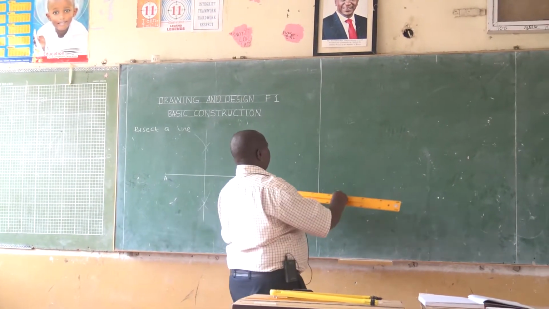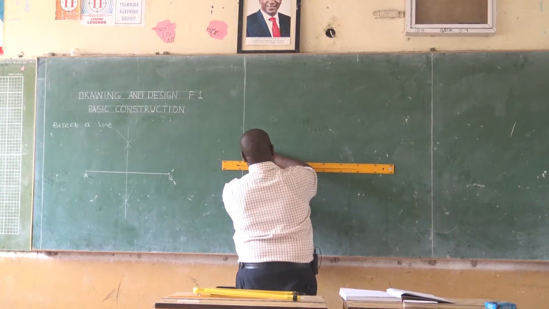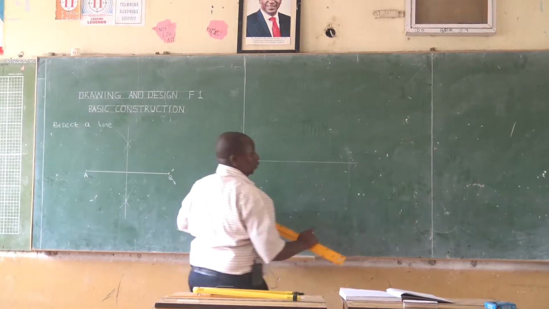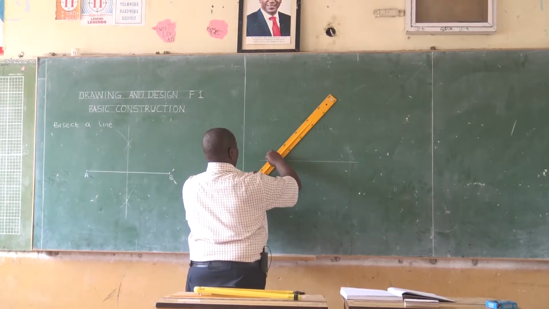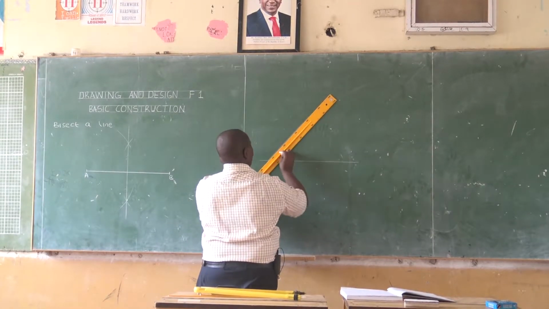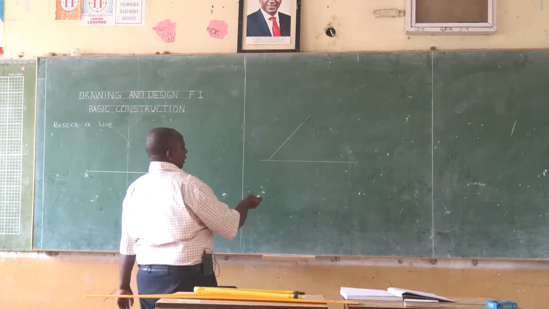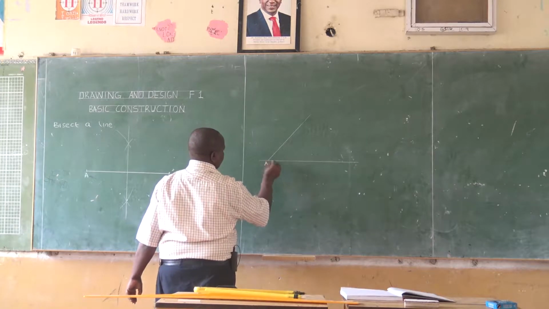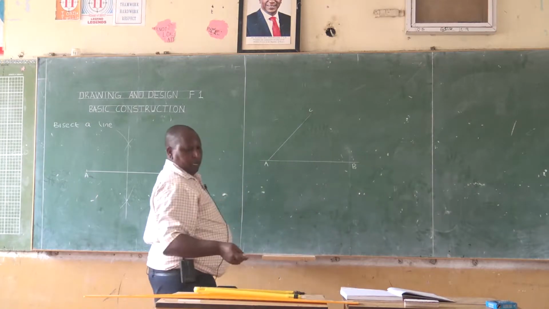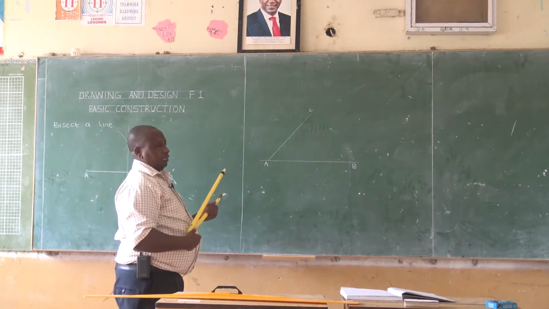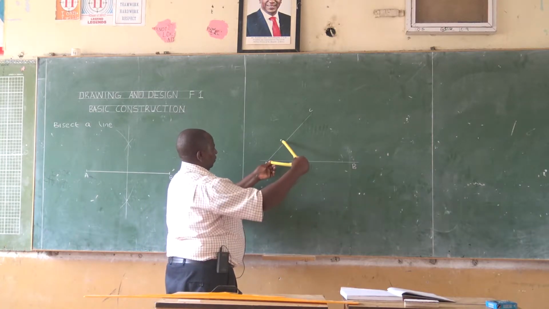Also, we know that given two intersecting lines, the angle formed at the point of intersection between the two lines, say that point is A, such that our line is AB and the other one is AC, we can bisect that angle as follows.